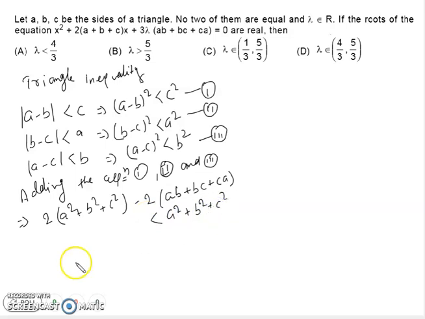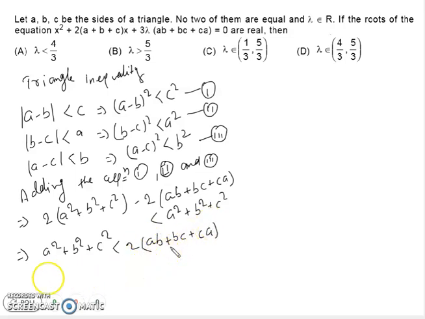It is the given, right? Now I am going to send this term to this side and this term to this side. So we can write a square plus b square plus c square is always less than 2 into (ab plus bc plus ca), right? Are you getting my points, guys?